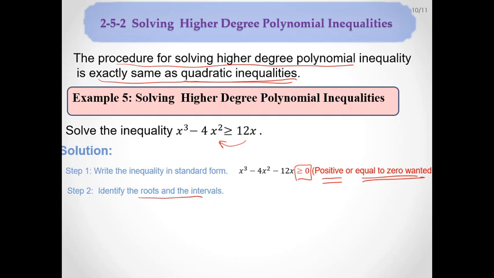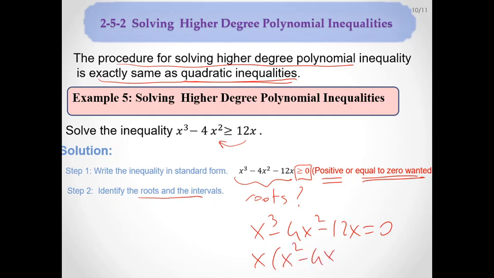Okay, how do you find the roots of this? You write x cubed minus 4x squared minus 12x equal to 0 and solve it. You can use factoring maybe.